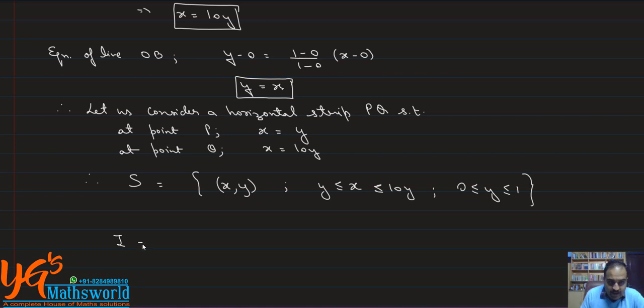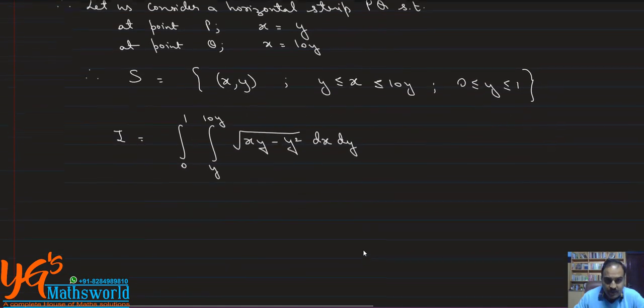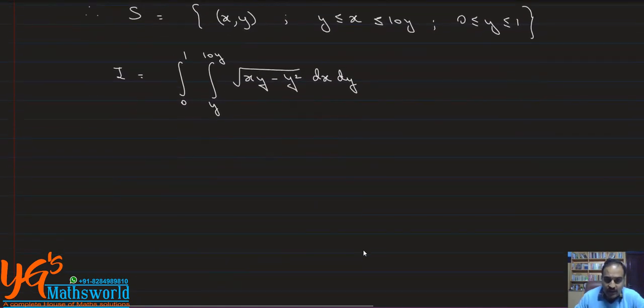So the integral reduces to 0 to 1, then y to 10y, and we have the function square root of (xy minus y square) dx dy. Now we have to integrate with respect to x, keeping y as a constant in this case.